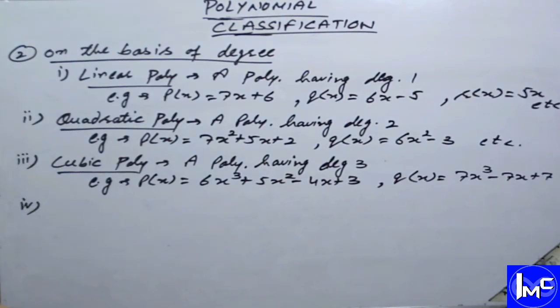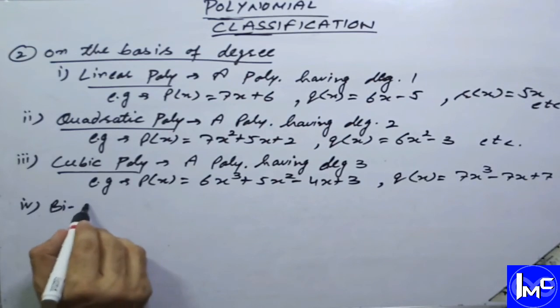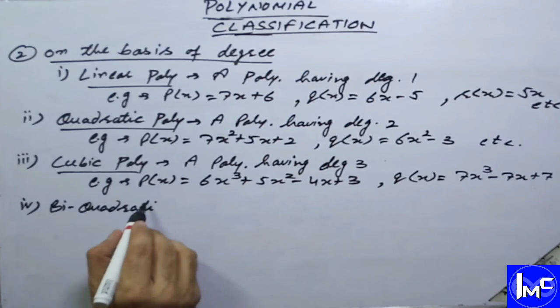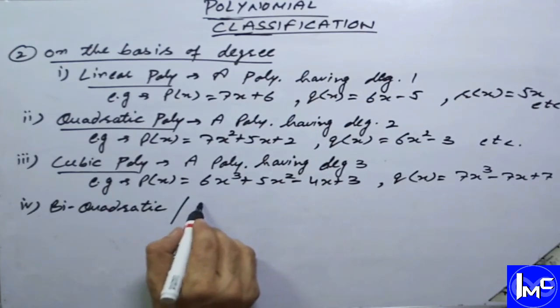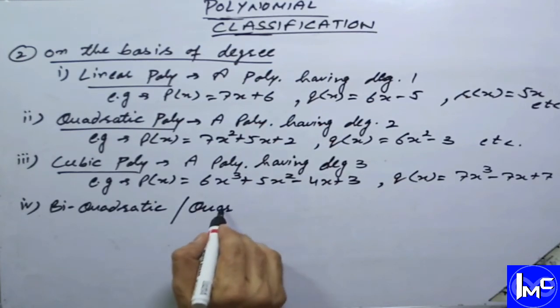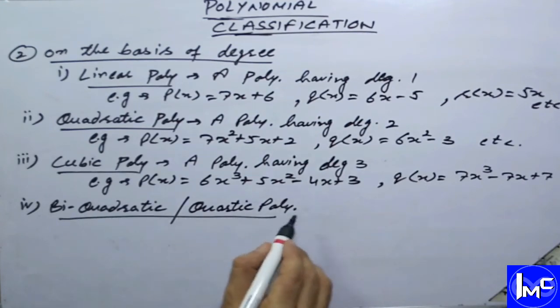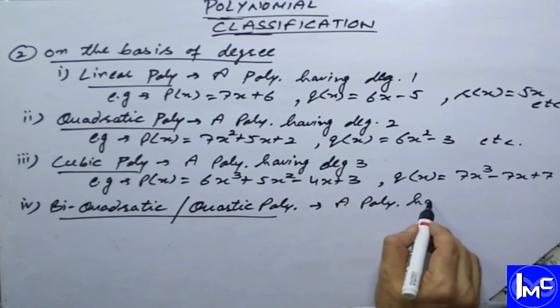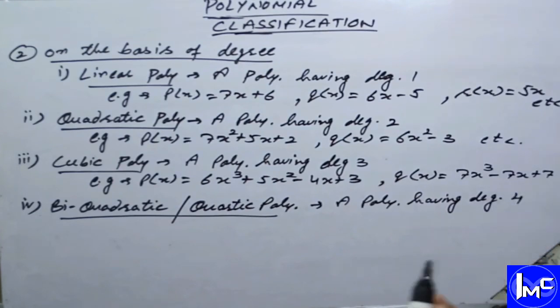Fourth one is bi-quadratic or quartic polynomial. A polynomial having degree 4.